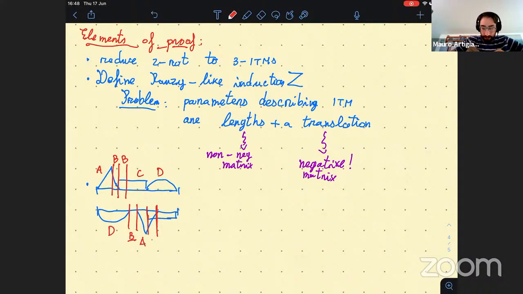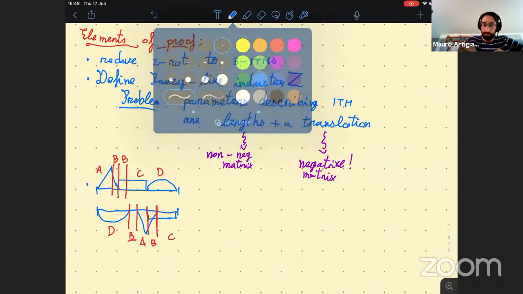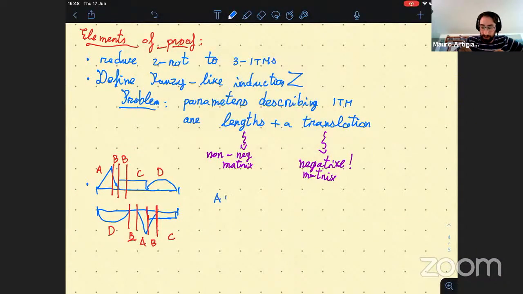This is A, this is B, and this is C. These 2 intervals that have the same name get mapped to the same place. And so now I can write this in a fashion similar to IETs. I have A, B, B, C, D, D, B, A, B, C.